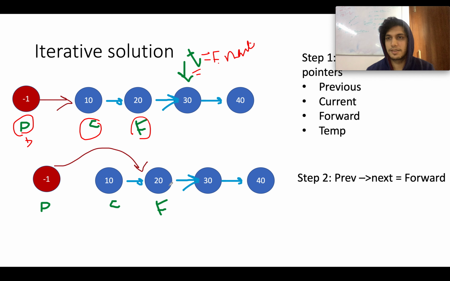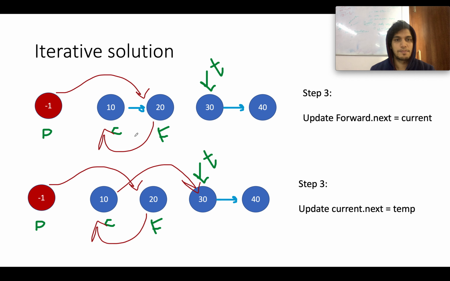Step two of the algorithm says you need to update this link first of all, previous.next to the forward node. So we'll update this to point here. We have deleted this link, and we have updated this to point here. Previous.next equals the forward one, since we need to swap these two elements. And now what are we going to do?